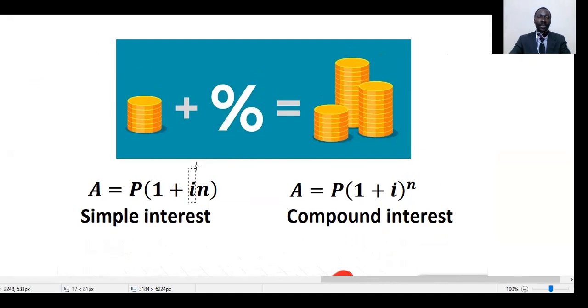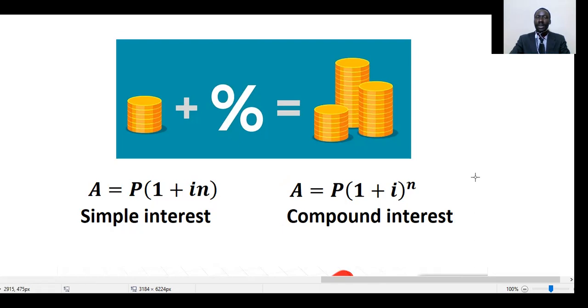Here it's denoted by what? By letter I. This first formula is used when we are calculating interest rate, and the interest is described as simple interest. But if the interest is described as compound interest, then this is the formula that we use. And from it, we can extract I, which is the interest rate for compound interest.